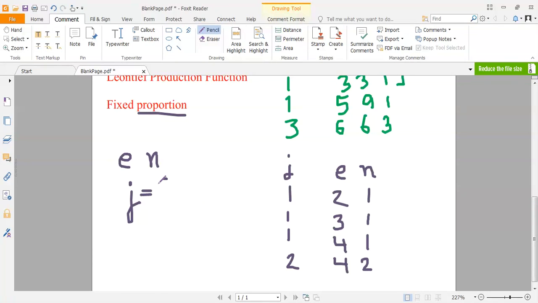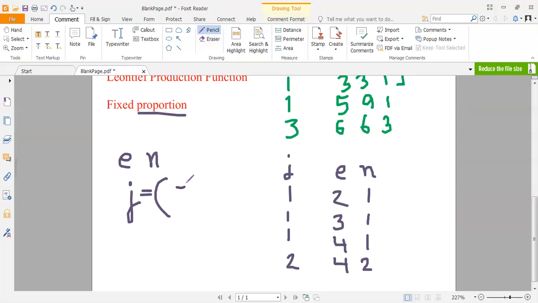So essentially, this reminds me of the minimum function. So J this time will be minimum of E by 2 comma n. Why is it E by 2 comma n? Look at this. If I take a different color, let's take red.